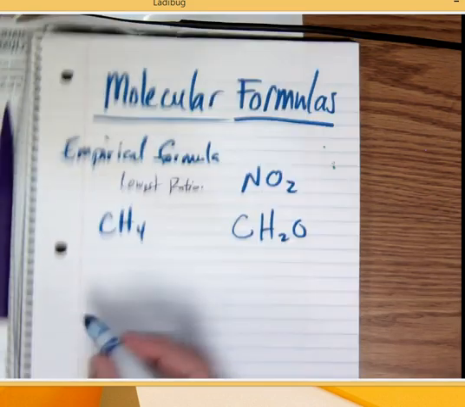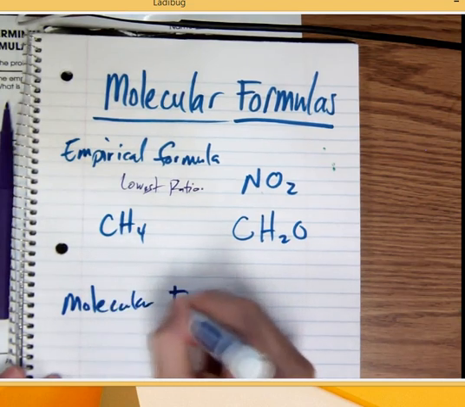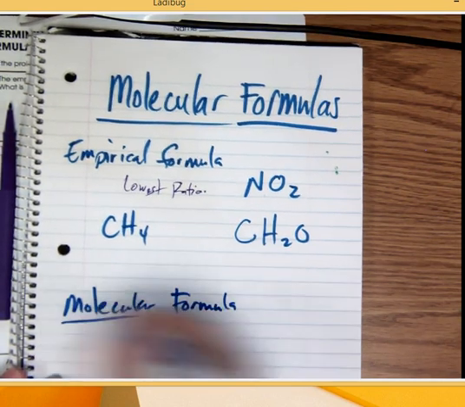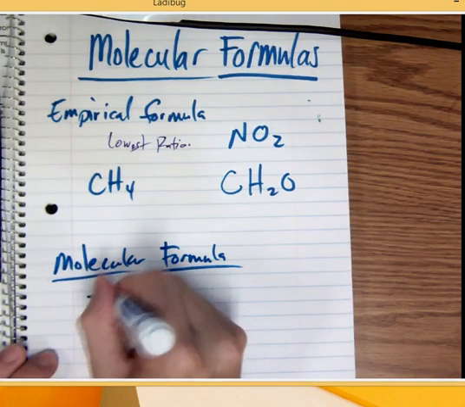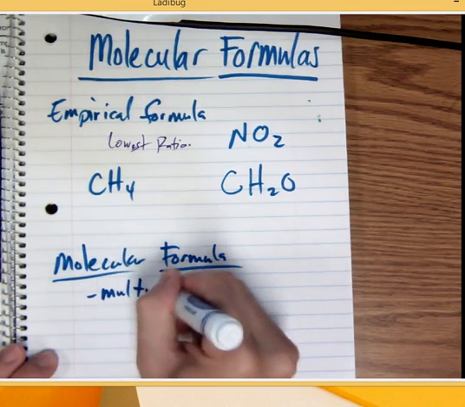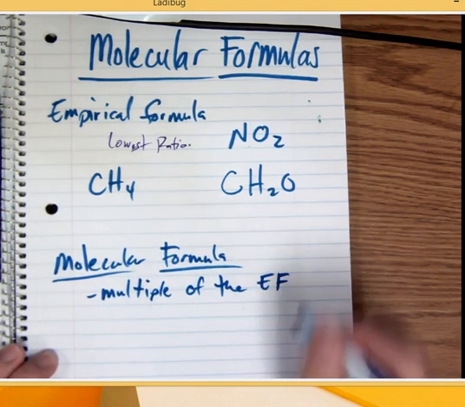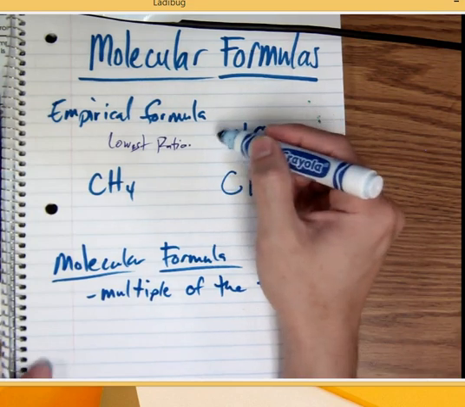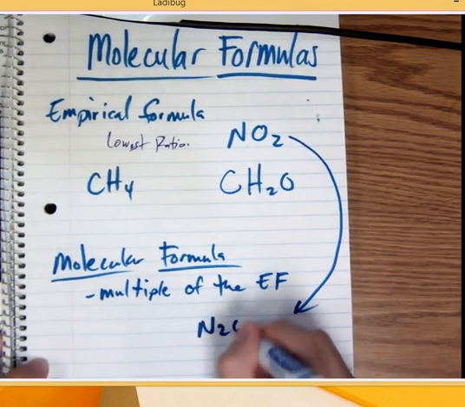Alright, so the next thing, molecular formula, sometimes also known as the true formula, is simply a multiple of the empirical formula. So whatever this formula is, if we multiply it by 2, this will give N2O4.